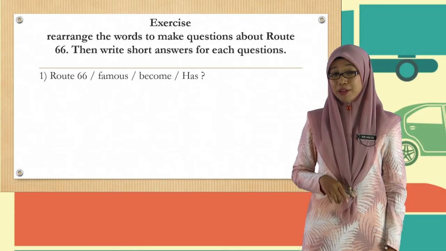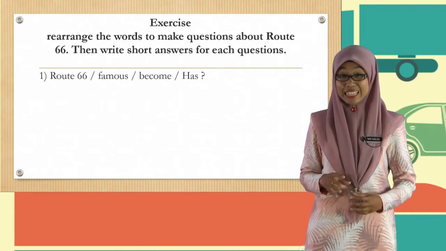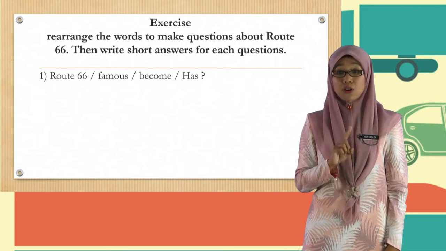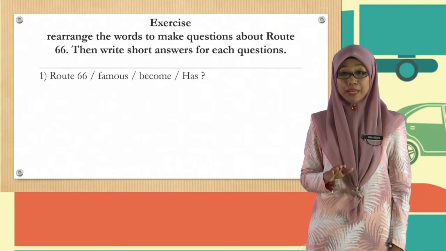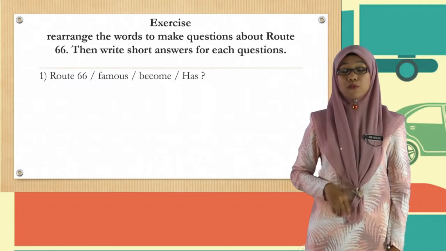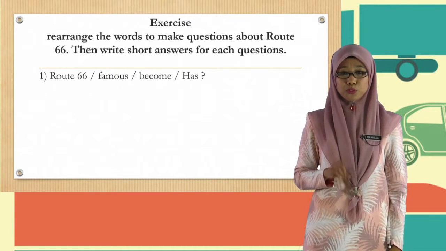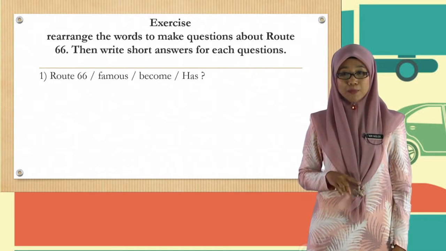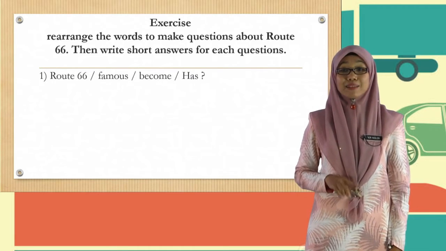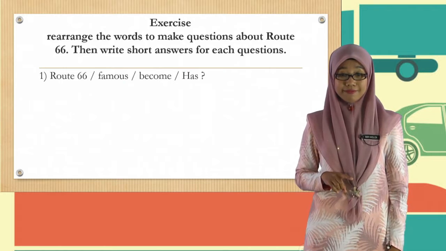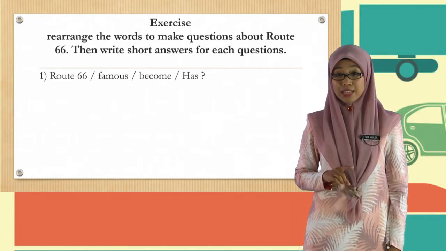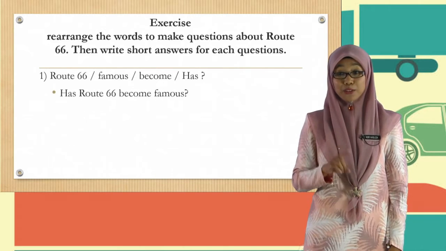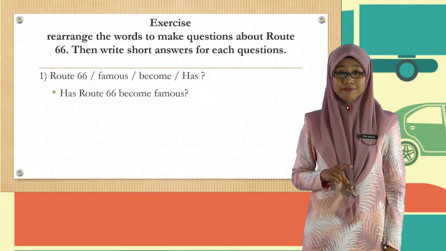Do you still remember the formula of writing a question? Yes, has or have should be placed at the beginning of the question, followed by the subject, plus verb in past participle, plus the rest of the question. Can you give me the answer for question number 1? Try to read your answer loudly.